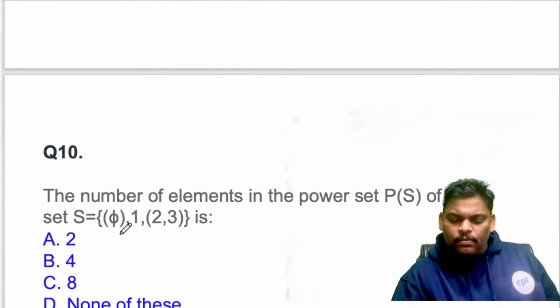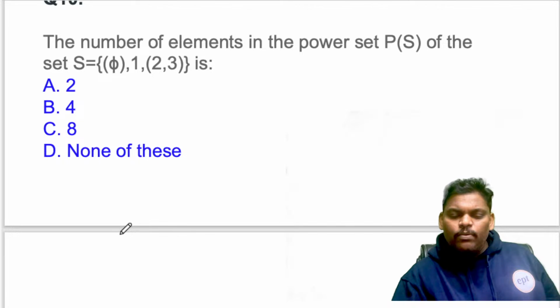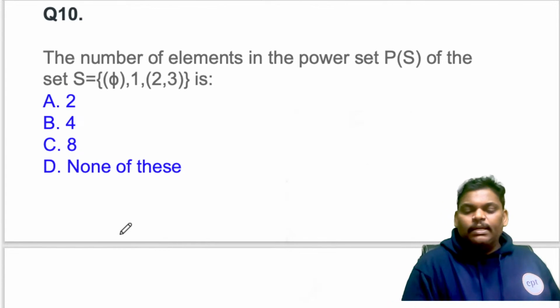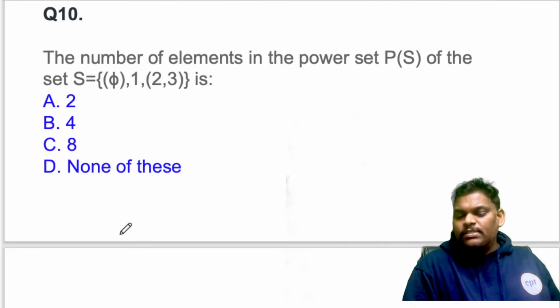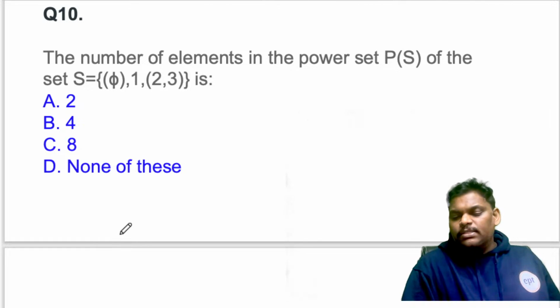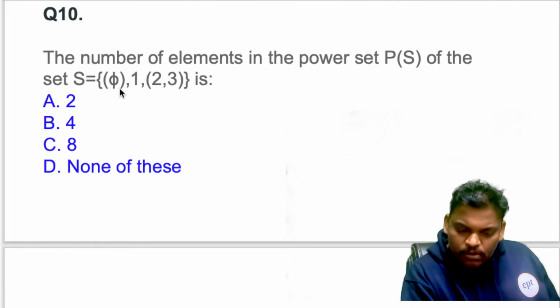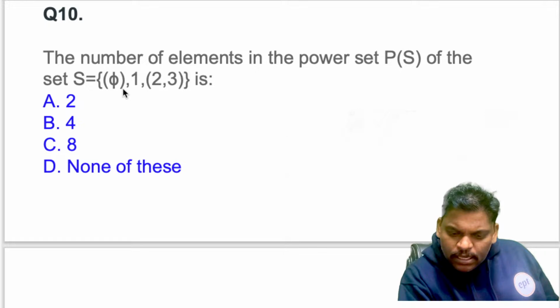I think this is a very simple problem. This was given in one of the previous papers, and that is the reason I wrote it. The number of elements in the power set P(S) of the set S is equal to, so listen carefully.